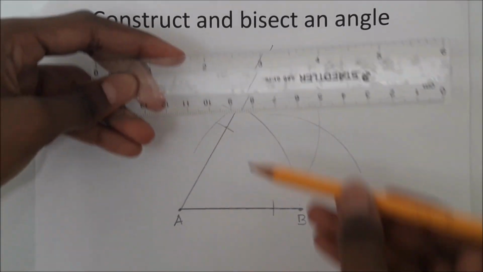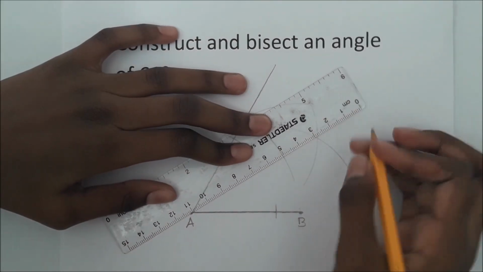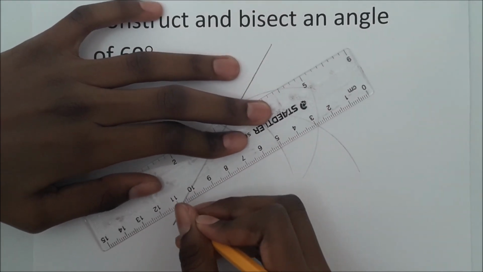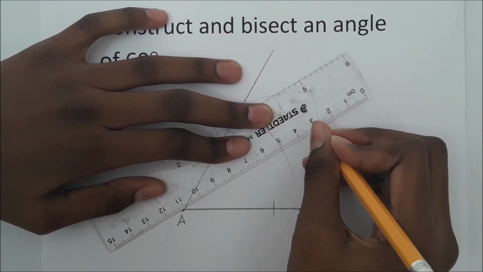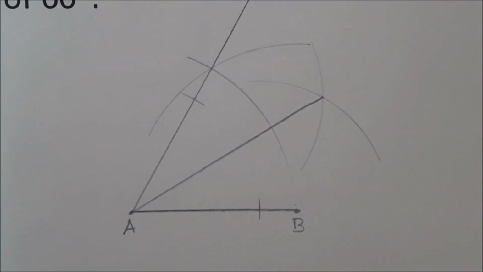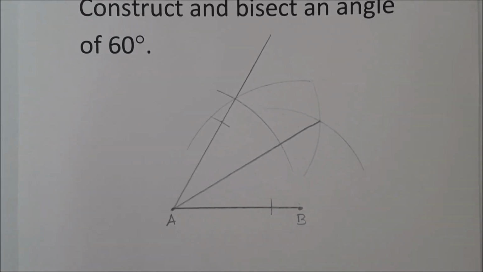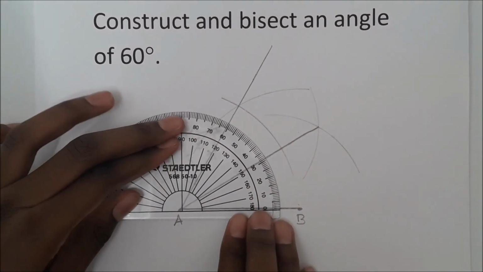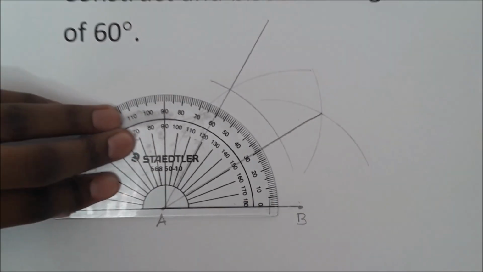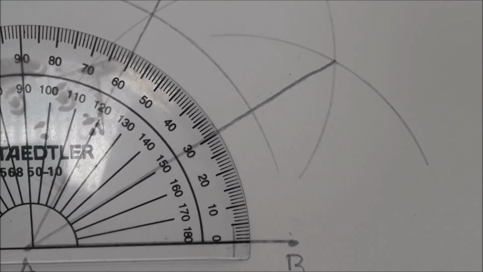Then get your ruler and pencil and draw a line from where the two arcs intersect to point A. And get your protractor to see if it's 30 degrees. Is it 30? Yes, it is. Okay, good. Take it off.